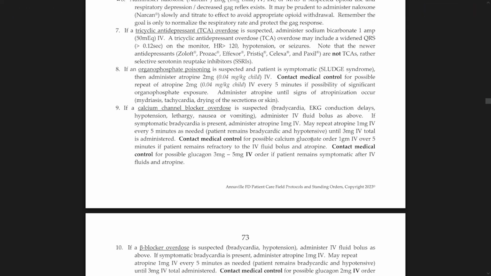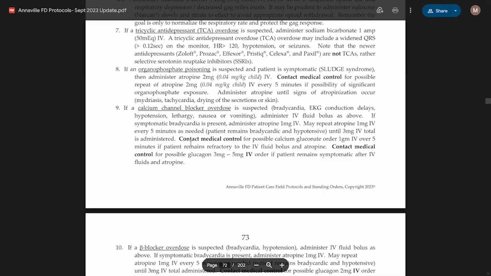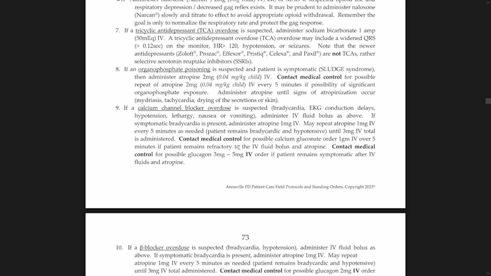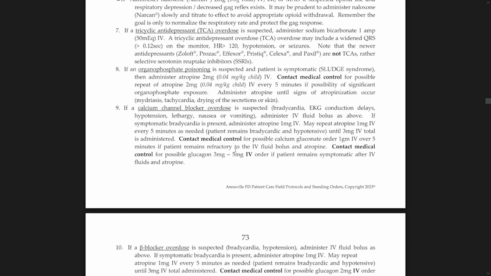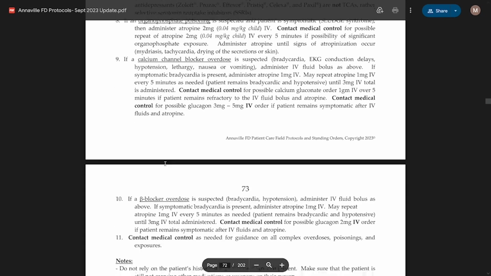Contact medical control for possible calcium gluconate order at 1 gram per IV over 5 minutes if the patient remains refractory to the IV fluid bolus and atropine. Contact medical control for possible glucagon, 3 milligrams to 5 milligrams via IV, if the patient remains symptomatic after IV fluids and atropine.